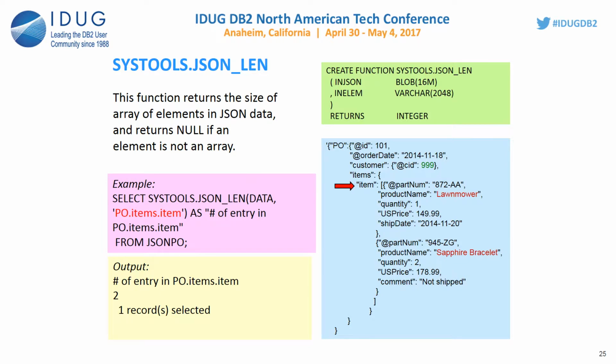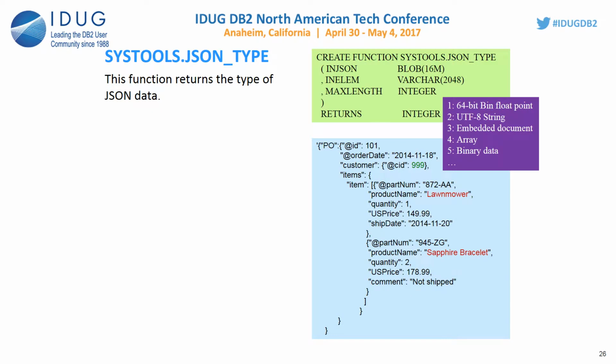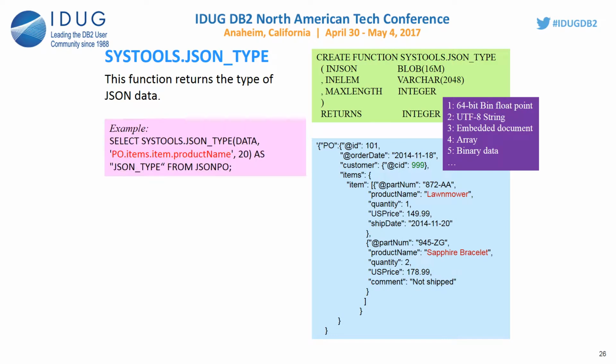Okay, JSON_TYPE by itself is not very interesting, but it's very important for the next function I'm going to talk about, so I put it here. Basically, it tells you the type of the field you're looking for. Let's look at some examples. How about this one, PO items product name?